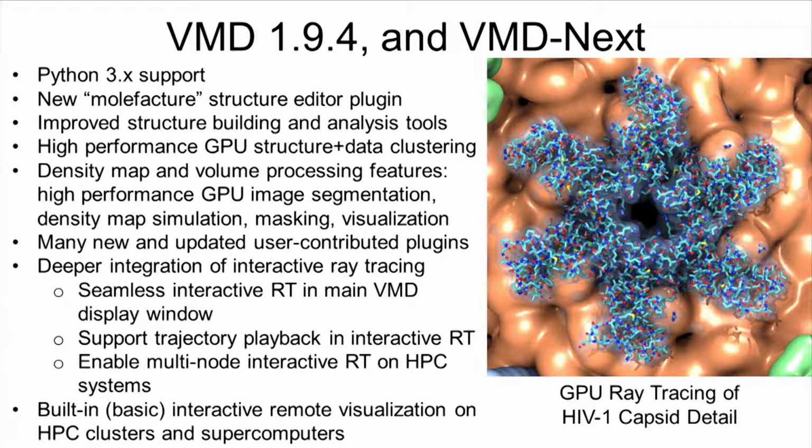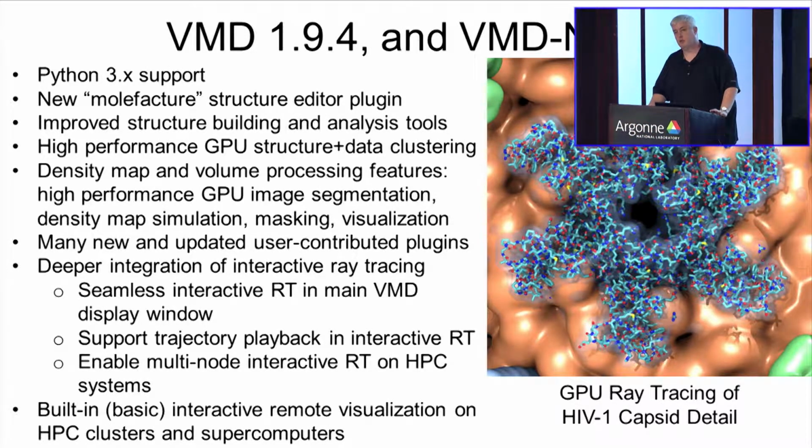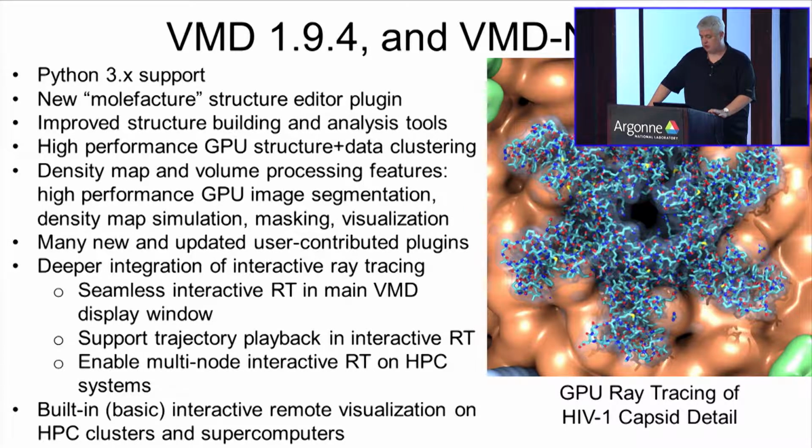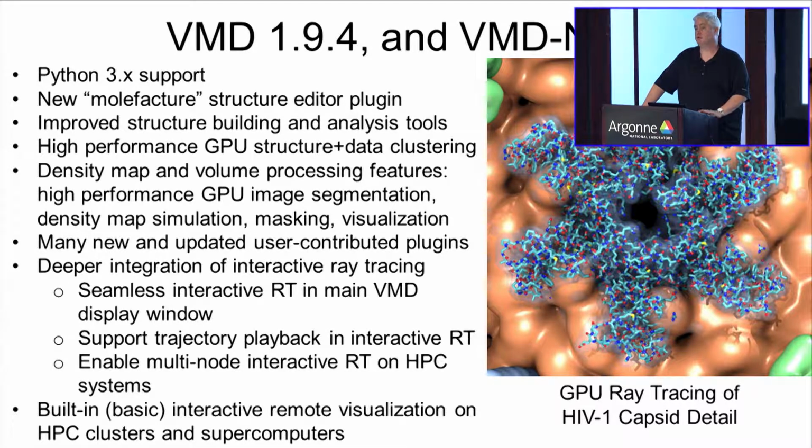Some of the other things we've been working on are exploiting the performance that's available from multi-core CPUs and from massively parallel GPUs. We've used those to massively accelerate things like data clustering. So VMD has the ability to do high-performance structure clustering analysis built in.